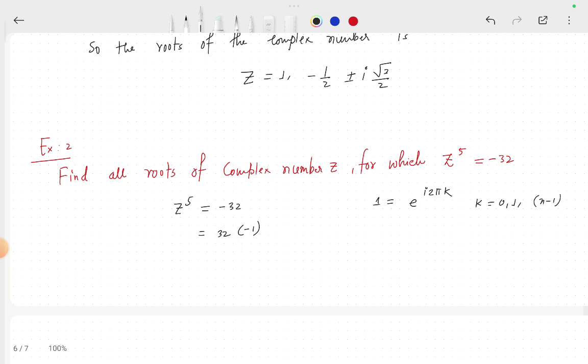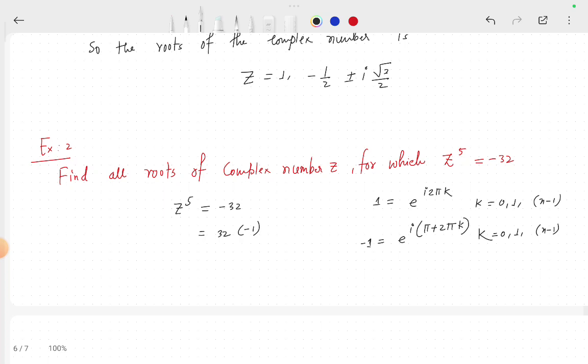And minus 1 can be written as e to the power i pi plus 2 pi k.